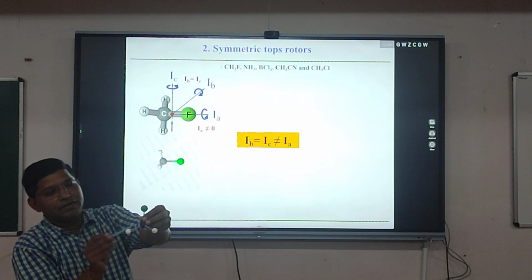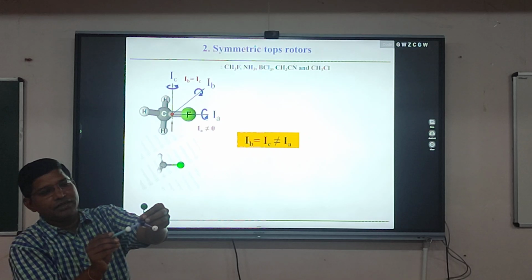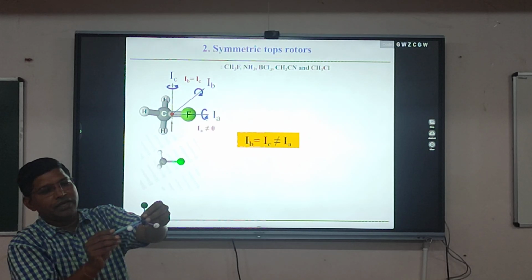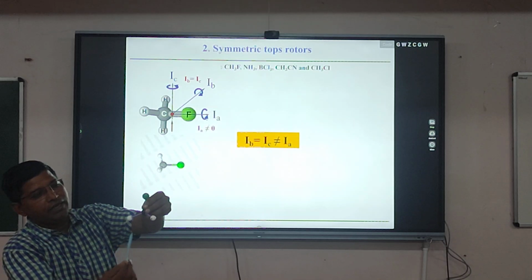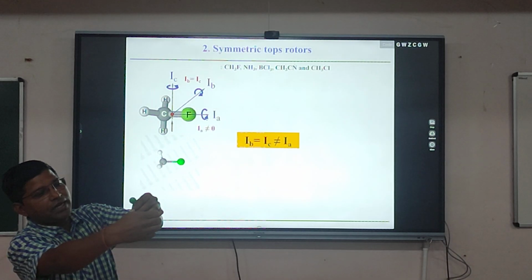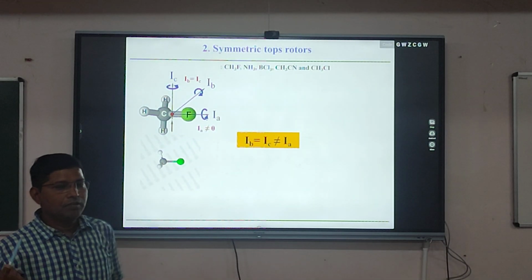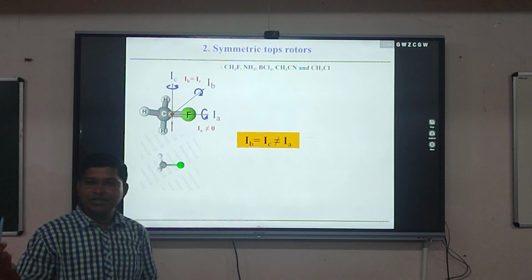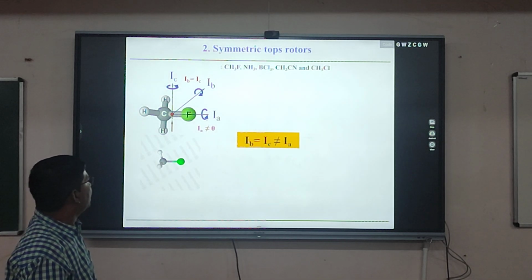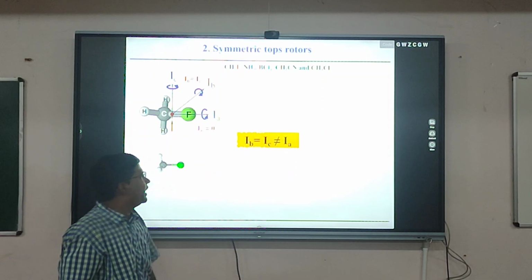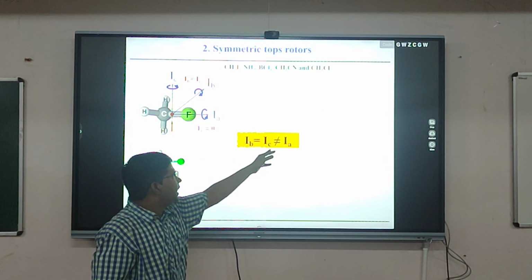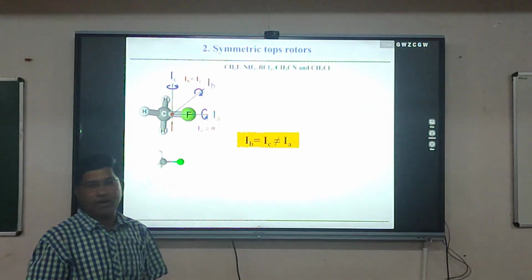Another way is this way. If you rotate the molecule about another axis, there will be a change in the orientation of the molecule. Similarly, IB equals IC, and that is not equal to IA.